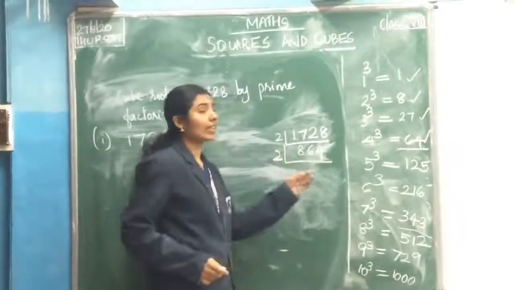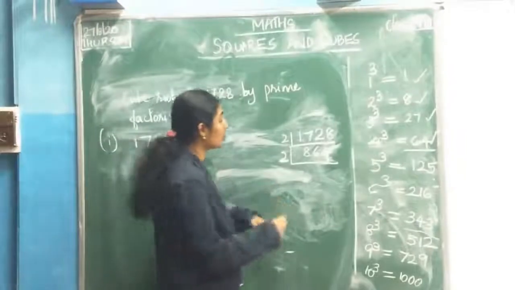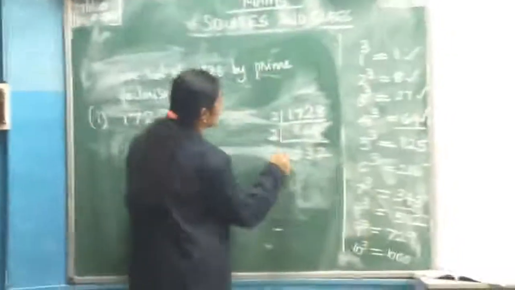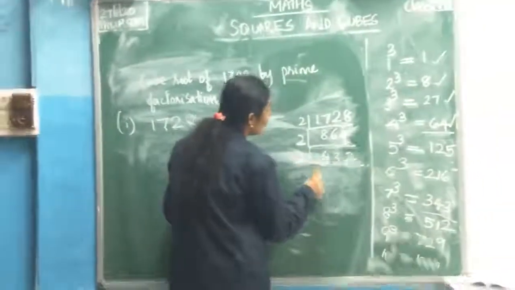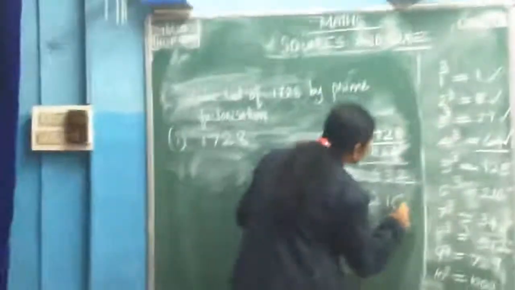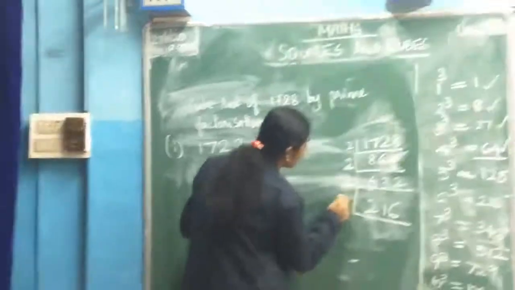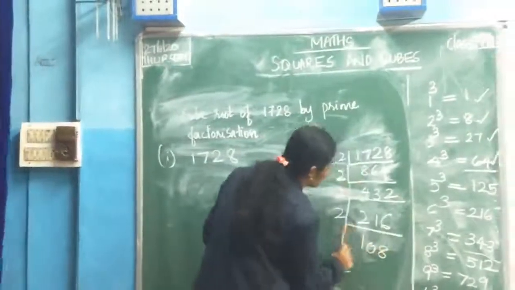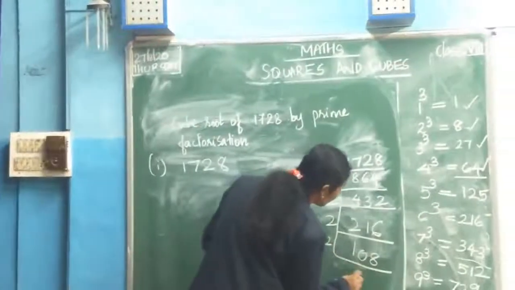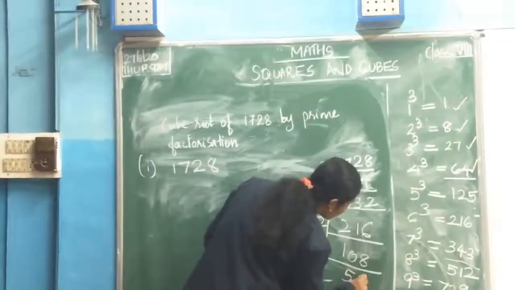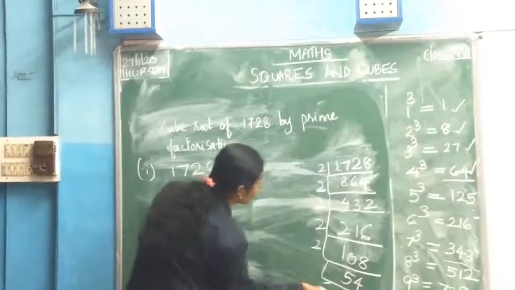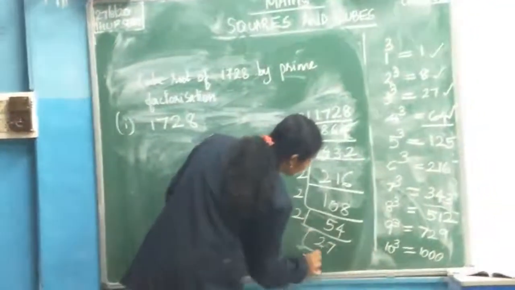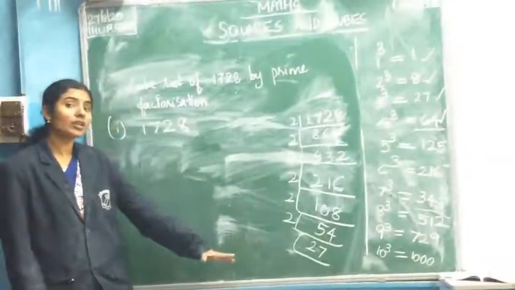Next, again we get an even number, divided by 2: you get 432, 216, 108, 54, and again by 2, you get 27. Now you are getting an odd number.